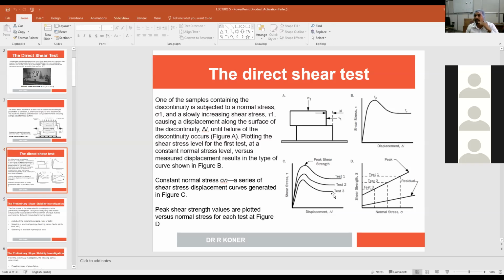You have test 1, test 2, test 3, like that. The lowest amount of shear strength we have found is the residual part of that particular material. There is some amount of residual strength present in the sample, and there is a peak load it can take. So this way we can interpret the result.